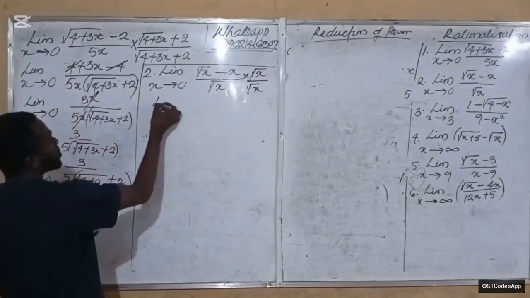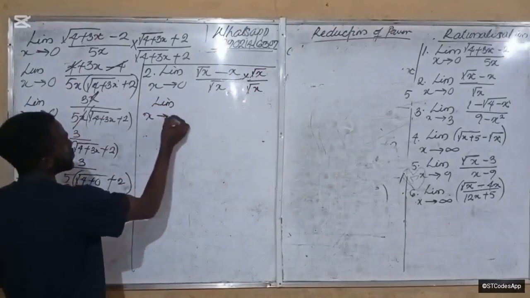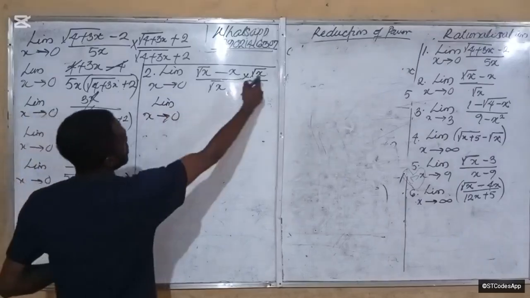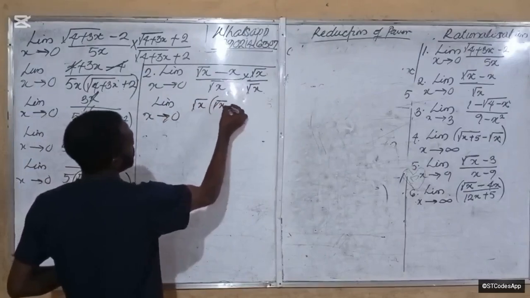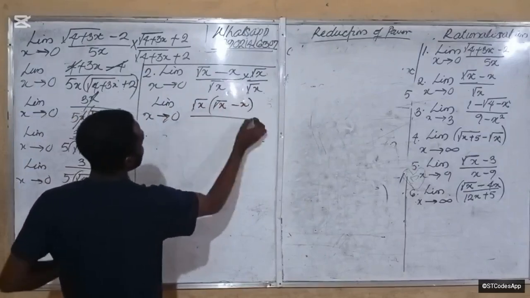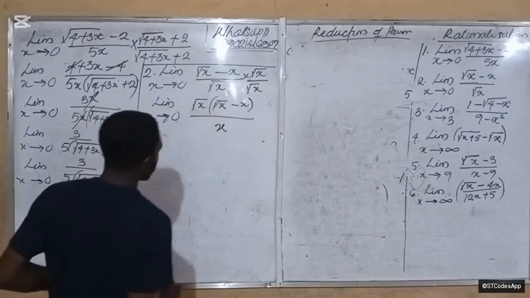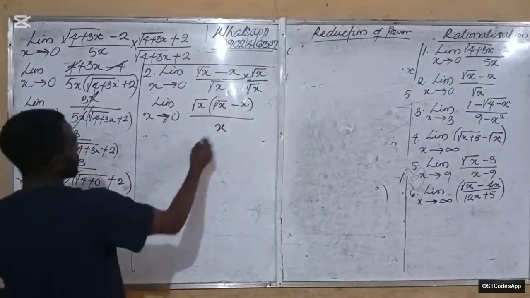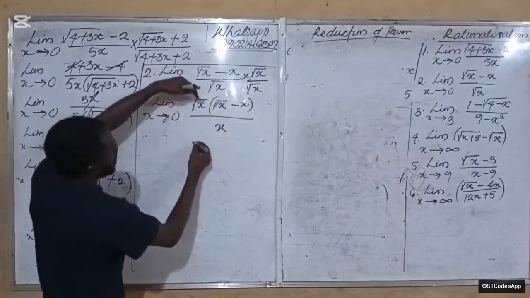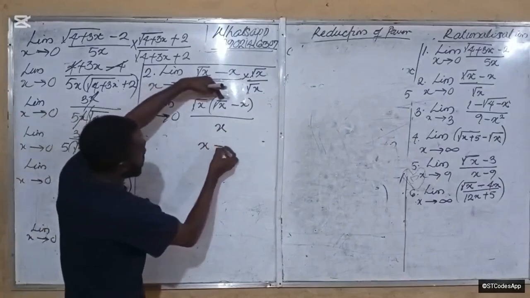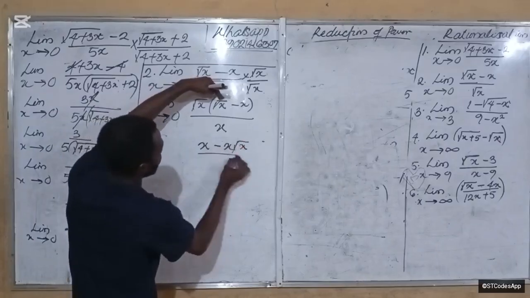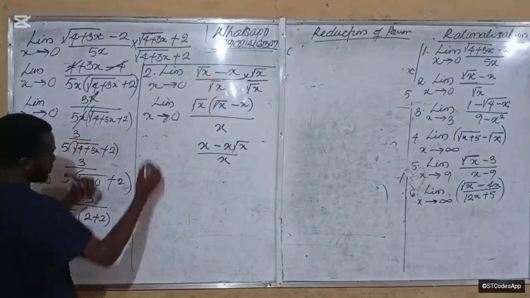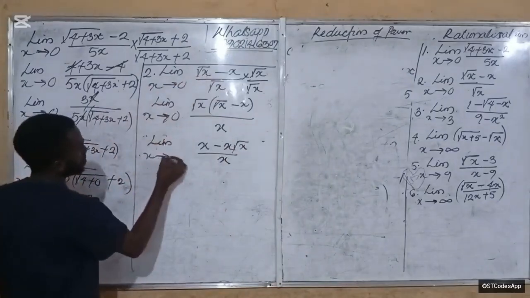So this becomes the limit as x approaches 0. Let's put this guy outside, of this minus x, all over, this will give us x here. Let's open the brackets then. By the time we open the brackets, we'll have x minus x root x, all over x. So we have the limit as x approaches 0.